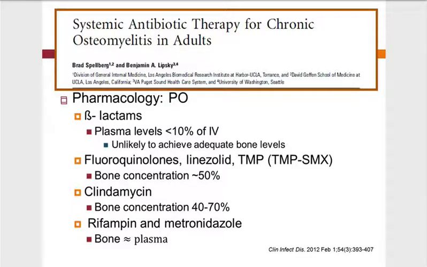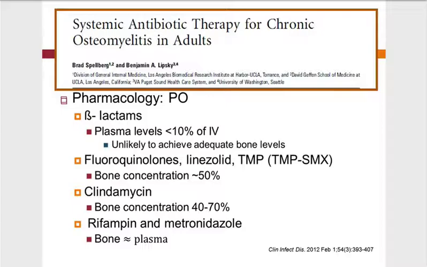So quinolones, right? You'll see most of the studies are done with quinolones. Linezolid and Bactrim actually get about 50% bone concentration. In turn, clindamycin gets about 40 to 70%. Rifampin is almost 100%, and so is metronidazole.